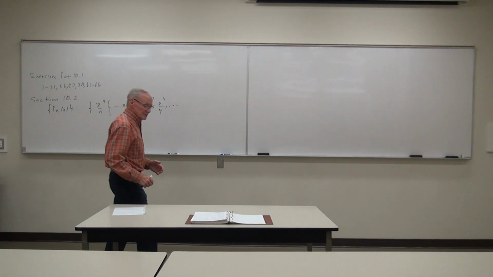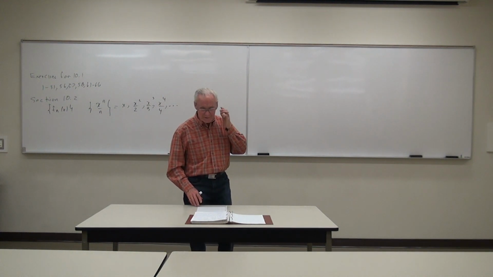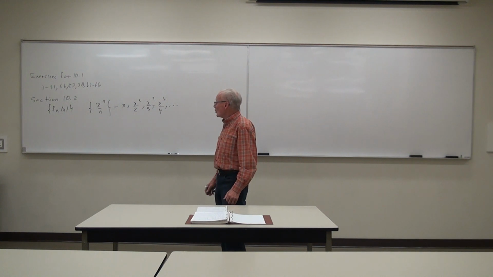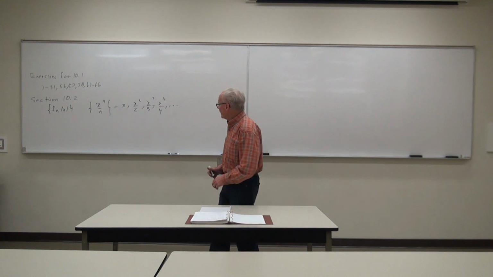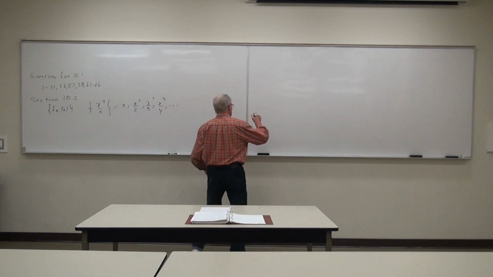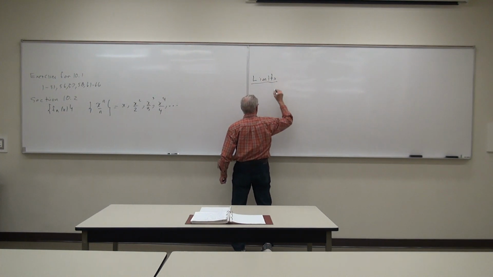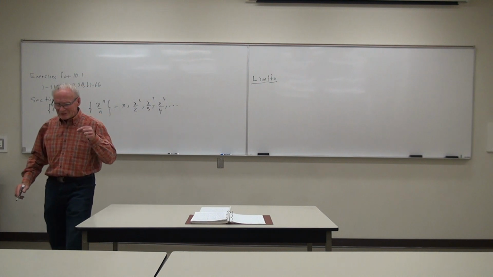We ask of sequences of functions the same question we ask for sequences of numbers. We ask, do you have a limit? So limits are what we're keenly interested in. But now there are two things here.